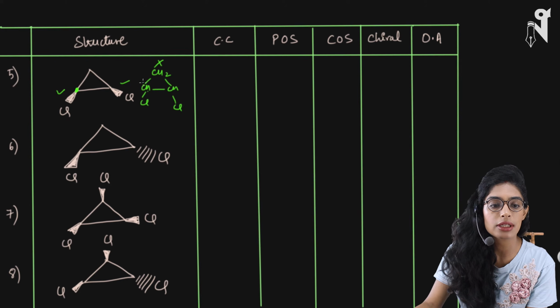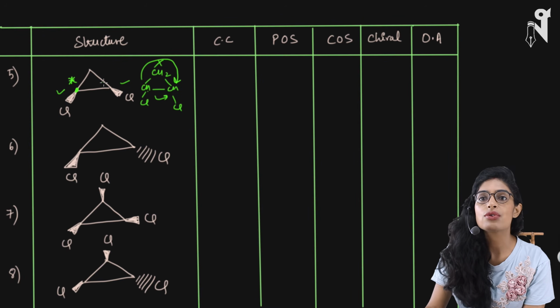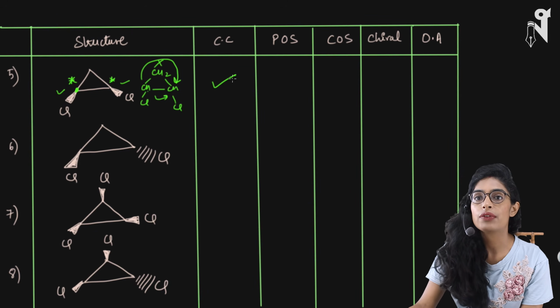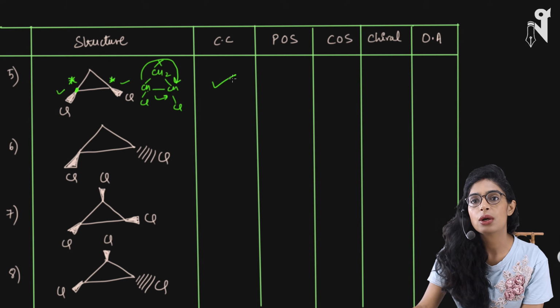Yes, it is, because this side it has a different group and this side it has a different group, and then one hydrogen, one chlorine. So this carbon is a chiral center, and this carbon is also a chiral center. So we have two chiral centers present over here. But as I mentioned, the presence of a chiral center does not tell you anything about the chirality of the molecule. So we have to look for the plane of symmetry and COS, whether they are absent or present.